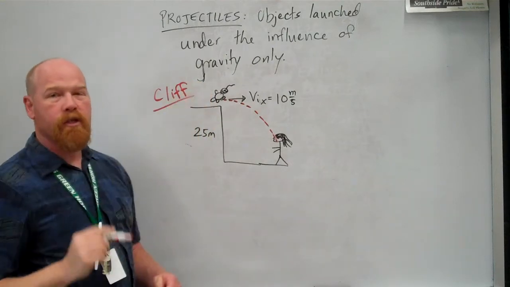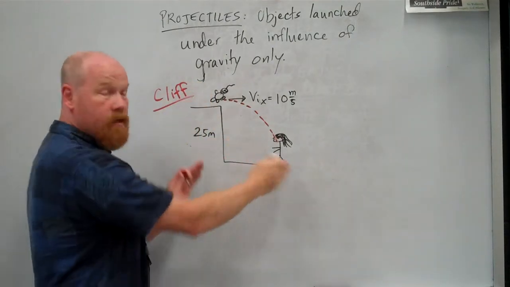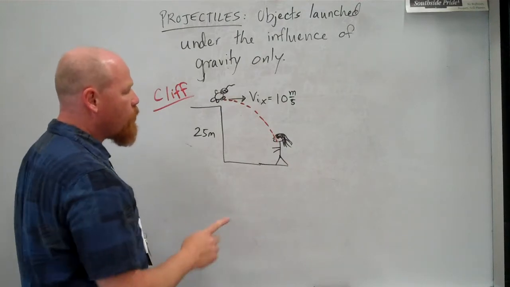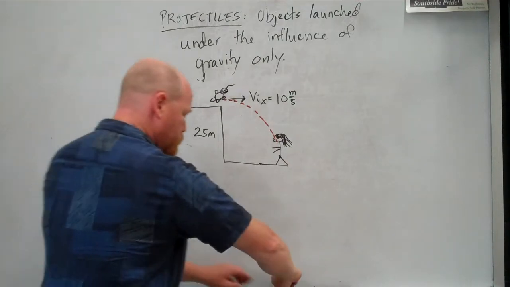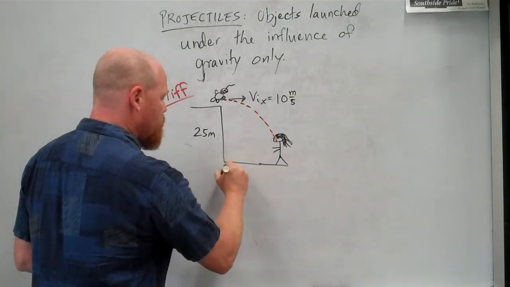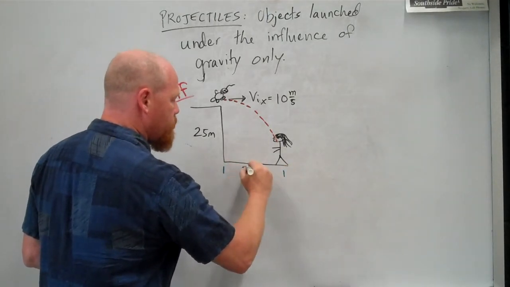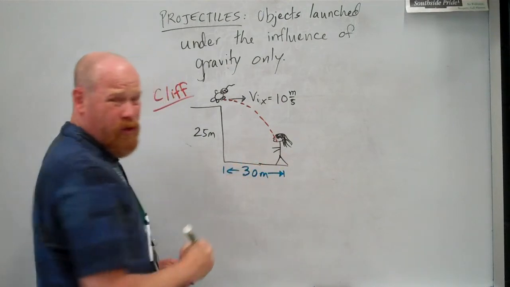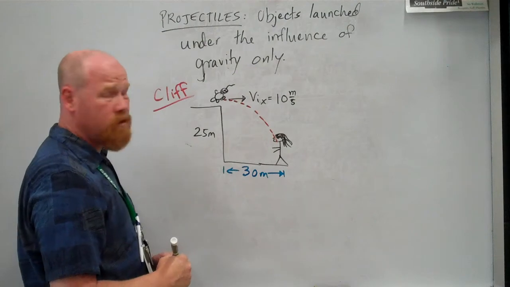And again, by definition, it's launched horizontally from a given height to some target, usually. So the question is, if mom, let's put mom a certain distance away, 30 meters away. That's pretty far. This is a little iffy for the baby.